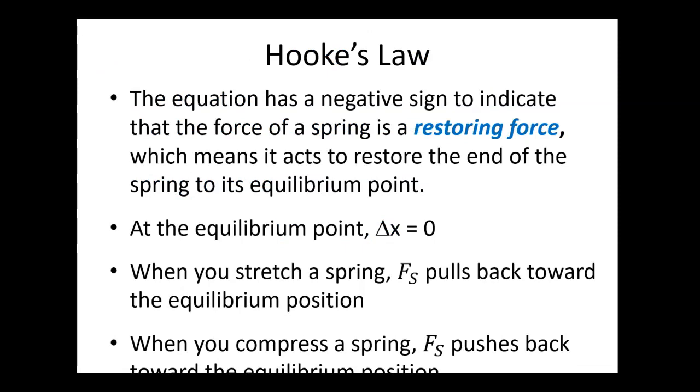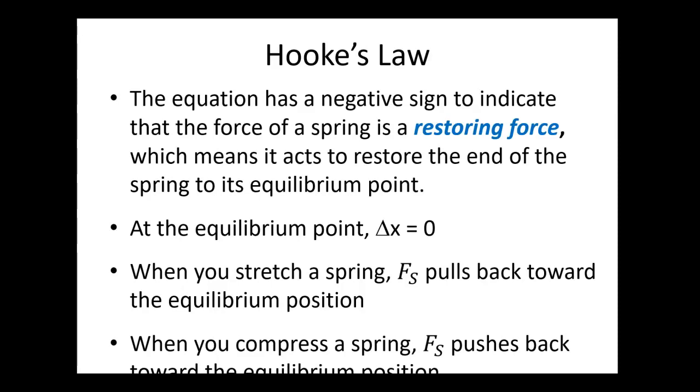The reason that this equation has a negative sign, spring force equals negative k times delta x, is that the negative sign indicates that the spring force is a restoring force. The spring is trying to return to its equilibrium position. At the equilibrium point, the delta x is 0.